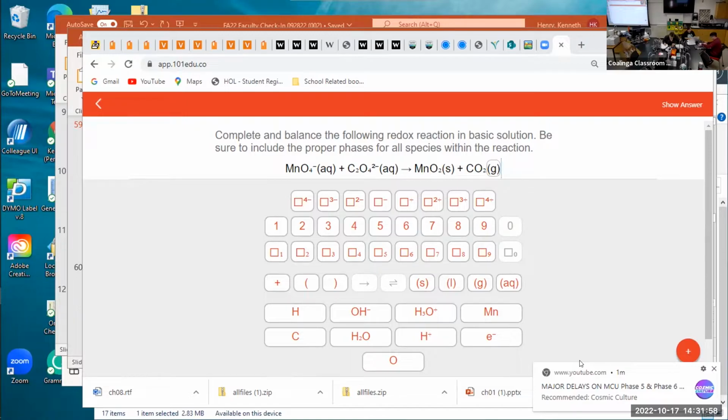So first step is to do what? Separate the reactions.